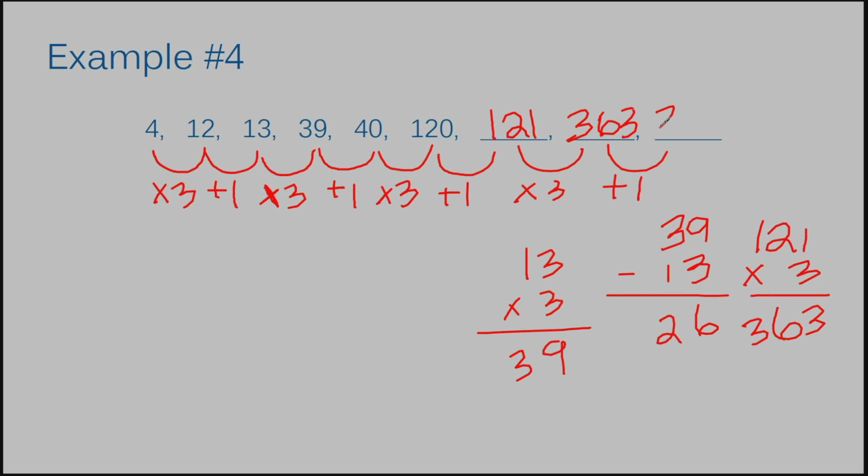I can do that in my head, and that's 364. So for example number 4, our pattern is multiply by 3, then add 1, multiply by 3, and add 1, and so on. And the last 3 numbers in our sequence that we ended up with were 121, 363, and 364. Let's move on to example number 5.